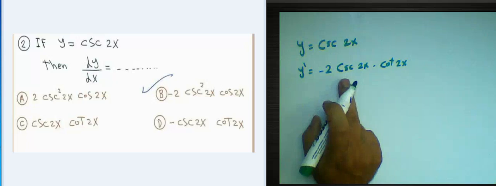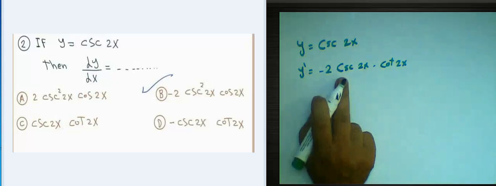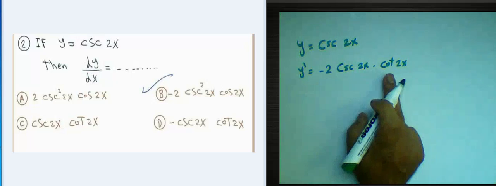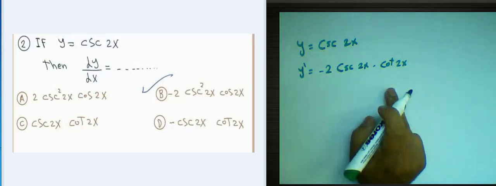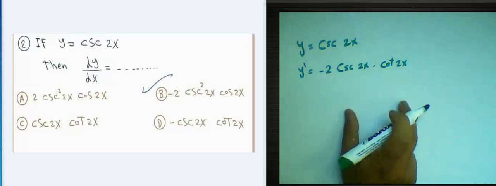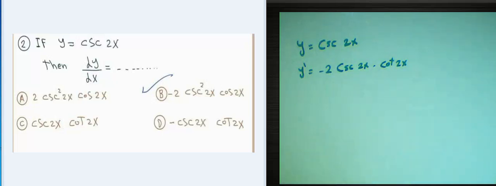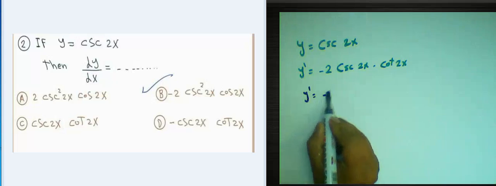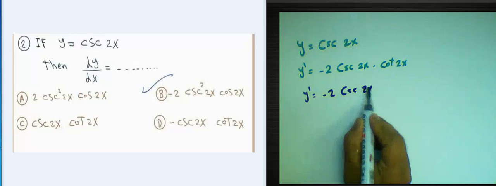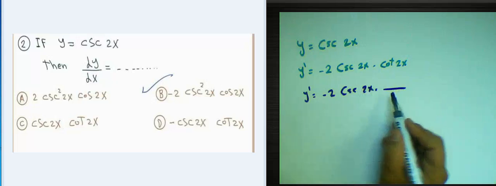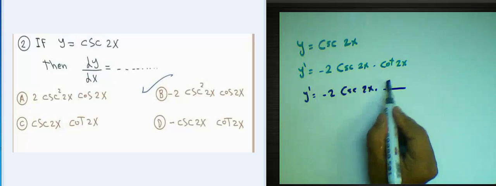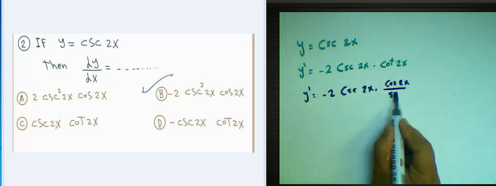Okay, and we know cosec is the inverse of what? Cosec is the inverse of sine, and cotan is the inverse of tan. Or we can write cotan equals cosine over sine, and multiply numerator by numerator and denominator by denominator to simplify it. You can write here y dash equals negative cosec 2x multiplied by cosine 2x over sine 2x.